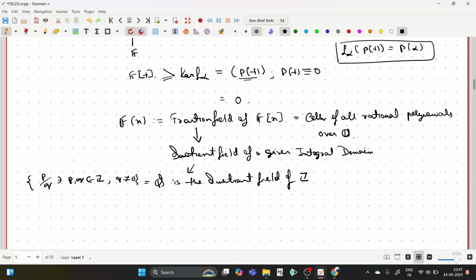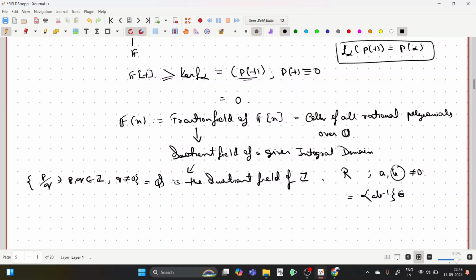In very simple terms, if I have an integral domain, say R, I collect elements a and b from R, where b is specifically non-zero, and I consider elements of the form a b inverse.